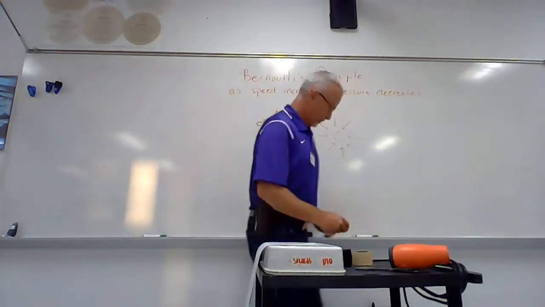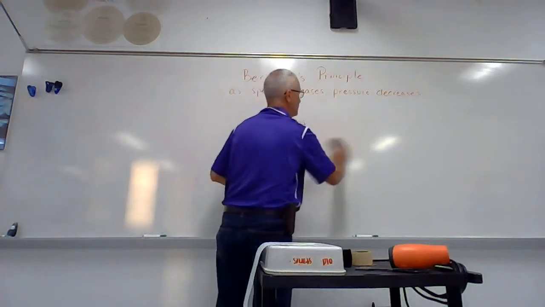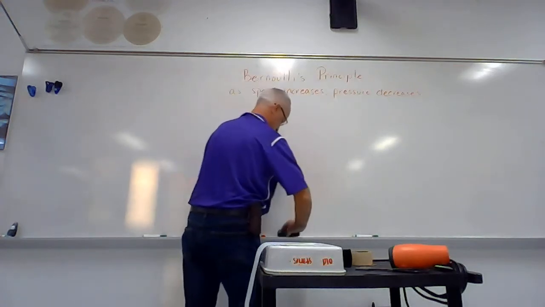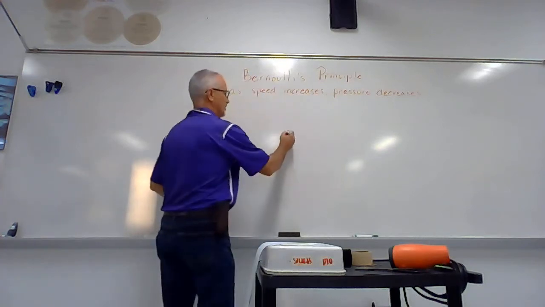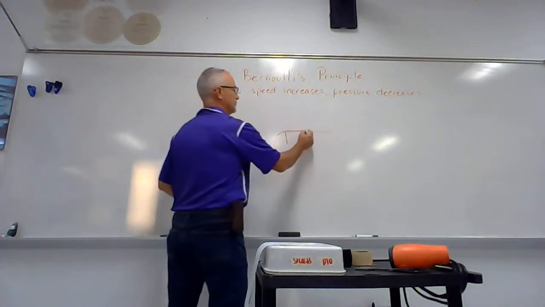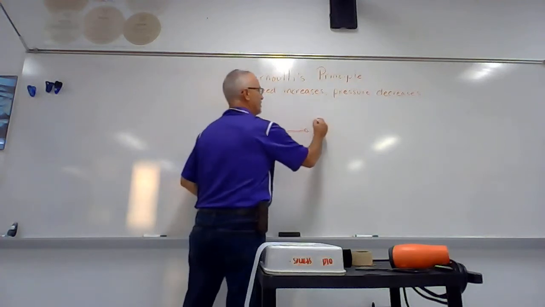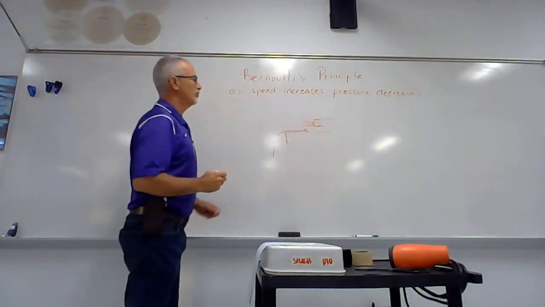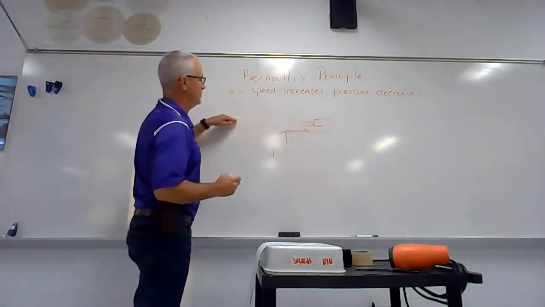Well, when I begin to use the hair dryer again, I'm going to draw this up for us. Here we have the block, we have the paper, taped right here. I'm going to use the hair dryer and I'm going to move the air that's here.